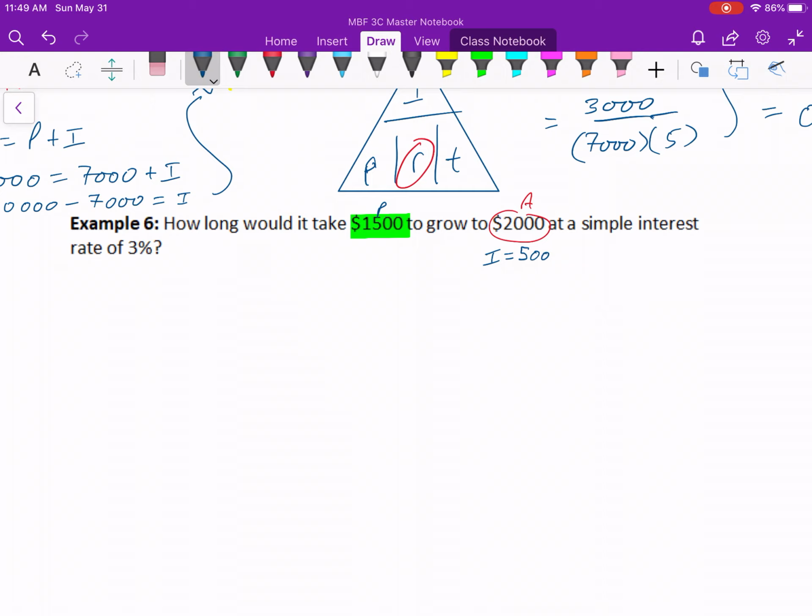I assume everyone would agree that I has to be $500. Take the initial 1,500, add 500 to it. That's how we get the $2,000. At a simple interest rate of 3%, again, that's telling us that R is 0.03. So what are we being asked to find? How long? We're being asked to find T, aren't we?